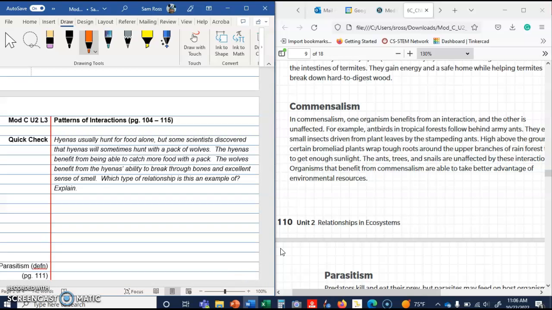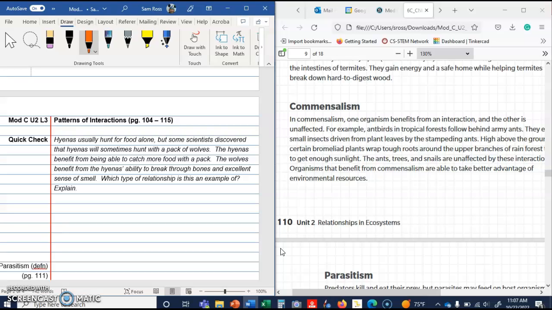And then here's a quick check. It says, hyenas usually hunt for food alone, but some scientists discovered that hyenas will sometimes hunt with packs of wolves. The hyenas benefit from being able to catch more food with the pack. The wolves benefit from the hyena's ability to break through bones. An excellent sense of smell.